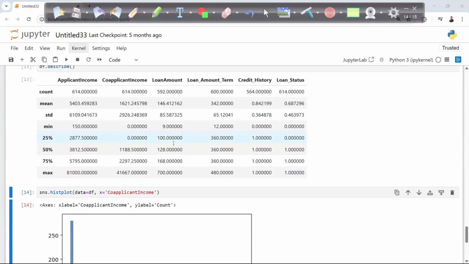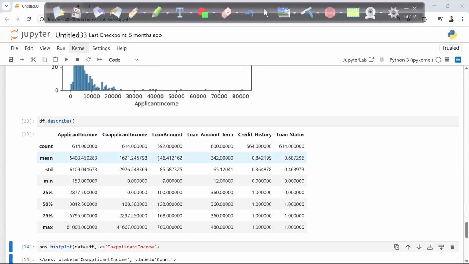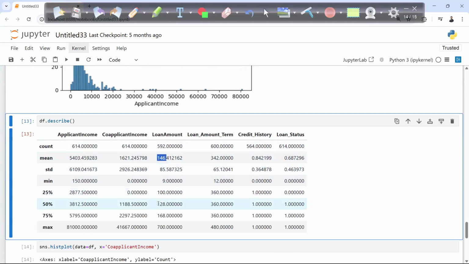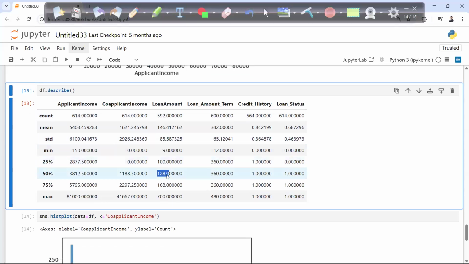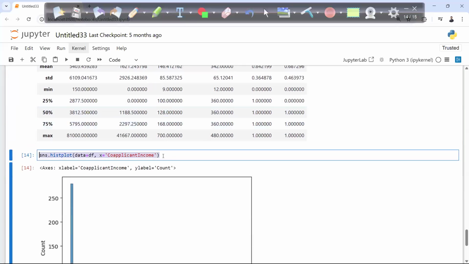Same way, let's go to the third feature, that is your loan amount. Loan amount is also at a bit of a higher side as compared to the median, right? Although it's not very far, because the numbers are also very small. So 20 is also a big number. The difference is 20, so that is also a decent number, right? So it should also be right skewed. Let's go and check it out.